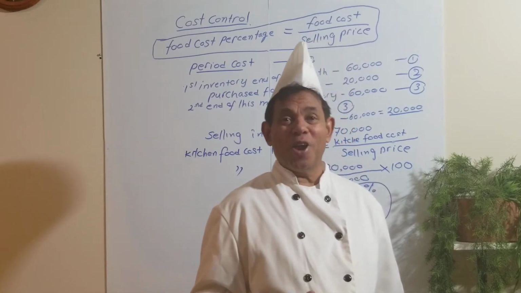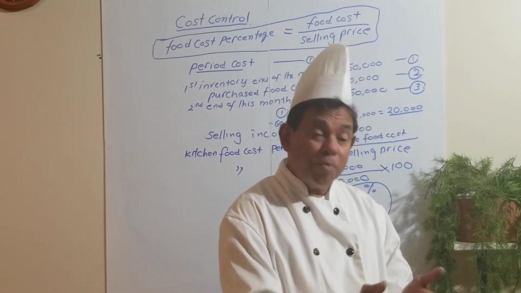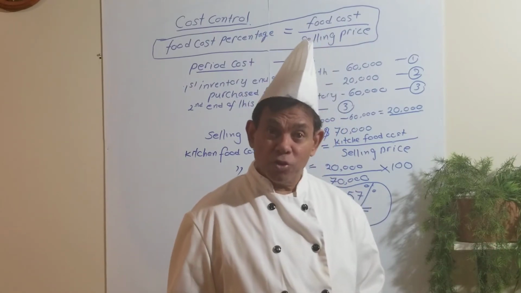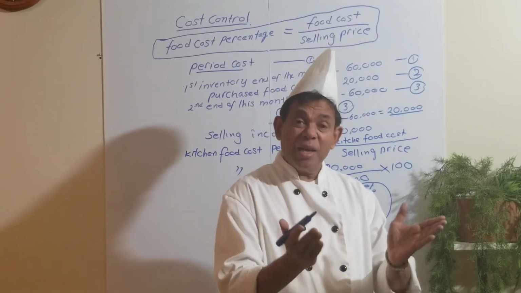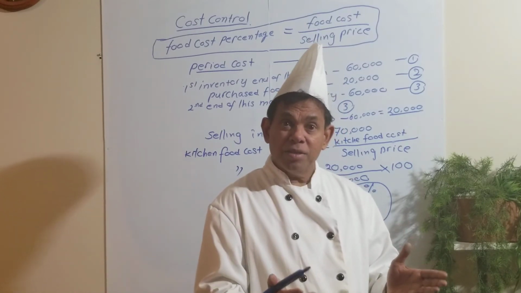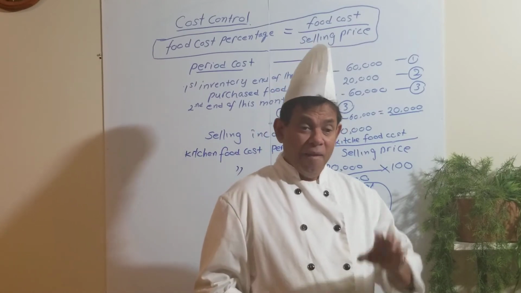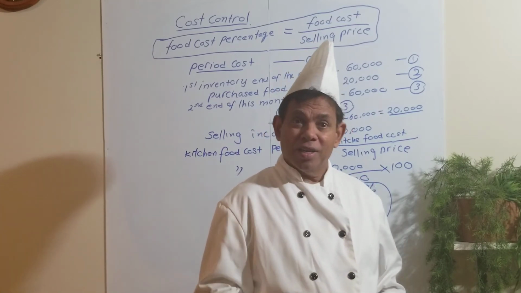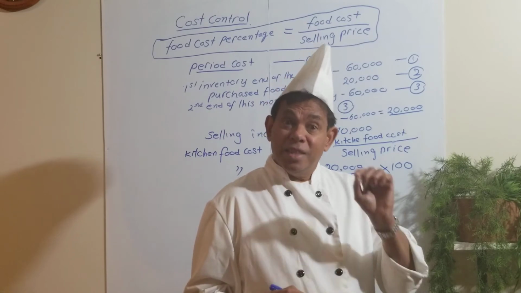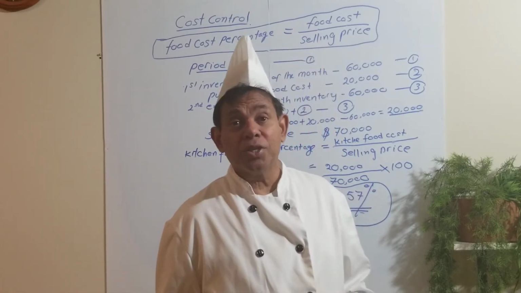I will show you now how I calculate the selling price of my plate. Every chef has to give a plate price. It is called selling price, if not menu price. Menu, if I put my items to the menu, price is that one. Selling price is that one. That selling price, every chef has to calculate.